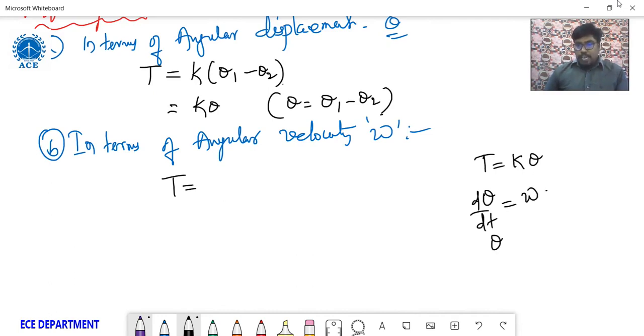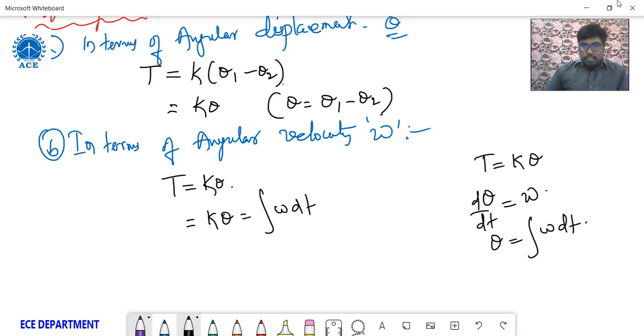So angular displacement I can write as integration of omega dt. For angular displacement, torque is equal to k theta, so k theta is equal to integration omega dt. This can be written as theta is equal to 1 by k integration omega dt. So this is the velocity equation.